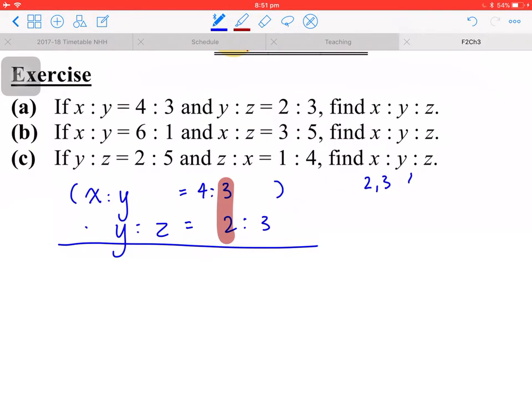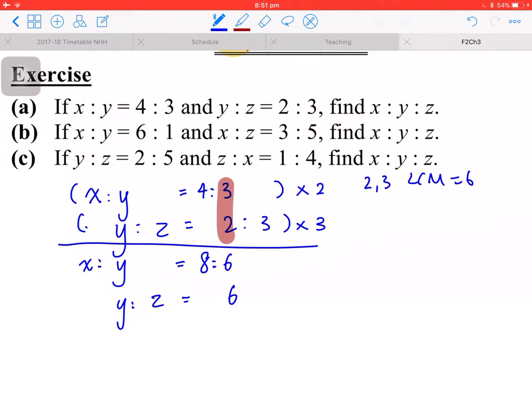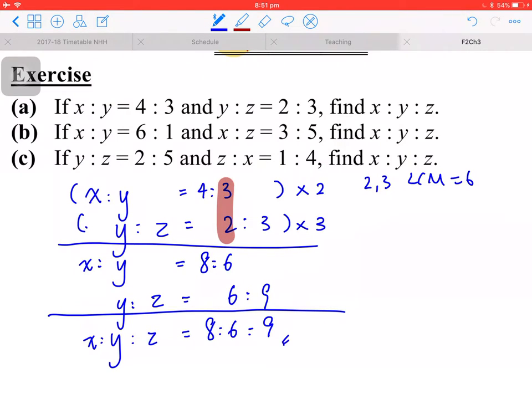For the first row, you should multiply by 2, and for the next row, multiply by 3. So you have x to y equals 8 to 6, and for y to z that will be 6 to 9. When you put them together, you have x to y to z as 8 to 6 to 9.